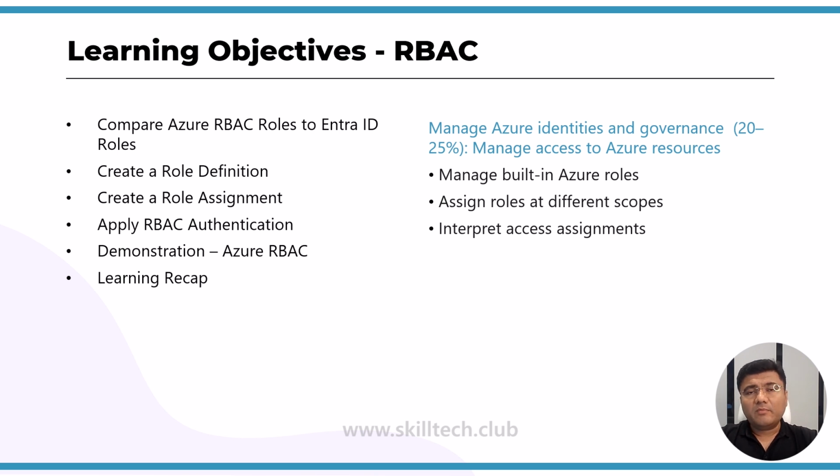Basically, if you are familiar with security, then I'm sure you know authentication and authorization. Role-based access control is basically a cloud-specific mechanism to take care of authorization. We can create role definitions, we can create a role assignment also, and we can assign the role to a specific user.